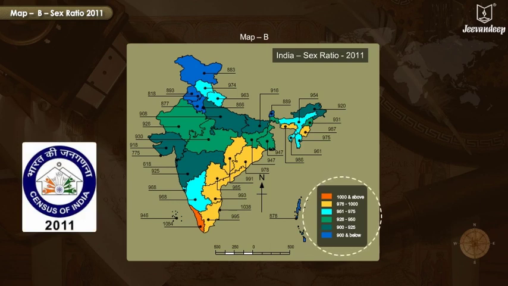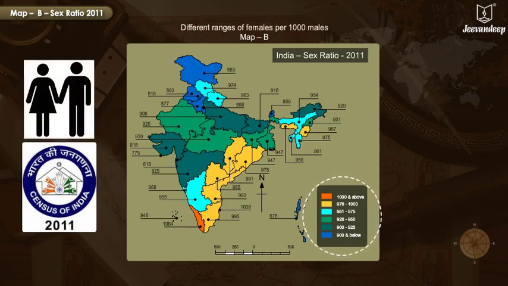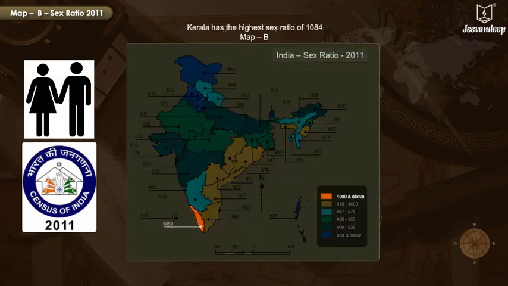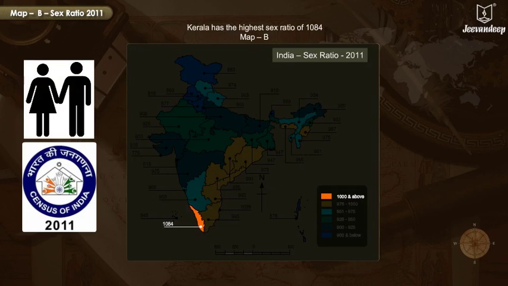The various shades, also represented in the legend, are used to represent different ranges of females per 1,000 males. Kerala has the highest sex ratio of 1,084 and Haryana has the lowest sex ratio of 877.